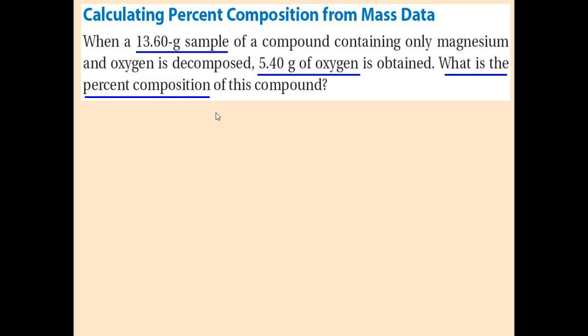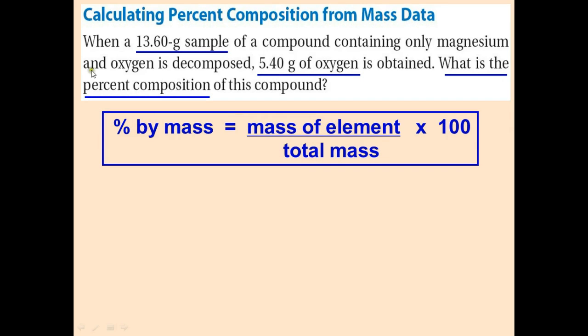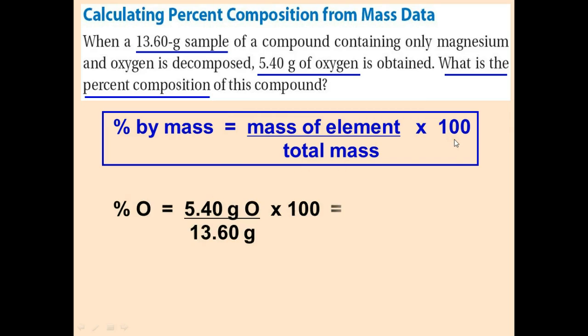The formula is mass of an element divided by the total mass of the whole compound times 100. So percent oxygen would be the oxygen's mass of 5.4 grams divided by the total, which is 13.6 grams, and then we multiply by 100 and get 39.7%.